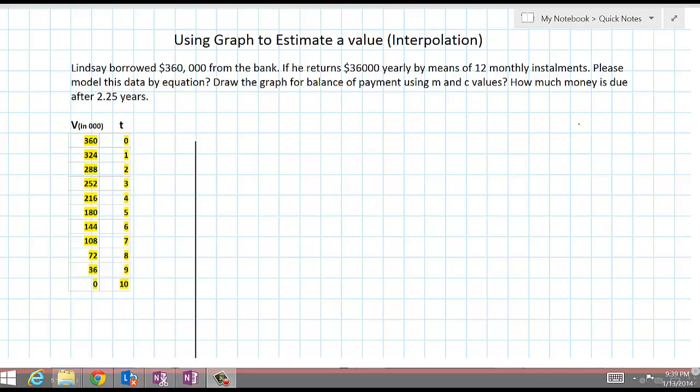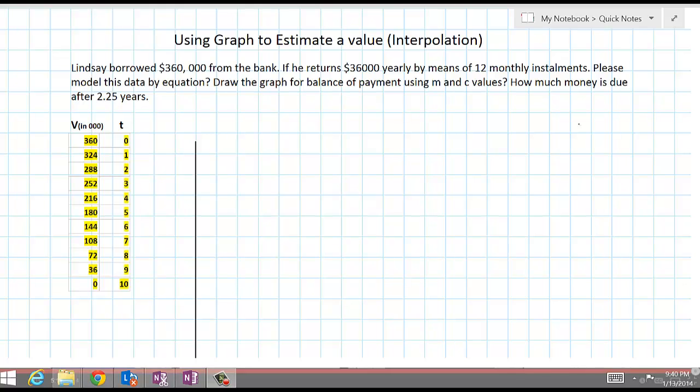Now we need to find out the equation. In order to find out the equation, we will first need the C value, and we will need the M value, and we will need which one is the dependent variable and which one is the independent variable. So we require these four things. The C value. How do we get the C value?